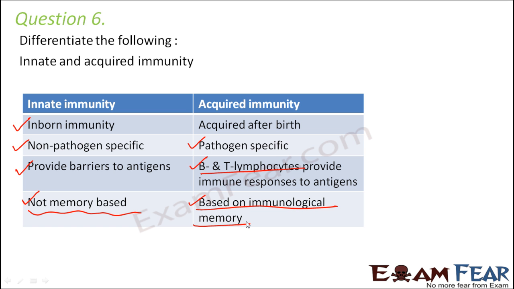So you have the specialized memory cells, B memory cells, and they recognize the antigen, so that when the same antigen attacks for the second time, the body's secondary immune response will be of even higher intensity. I did not discuss all this in much detail because we have already discussed innate immunity and acquired immunity.